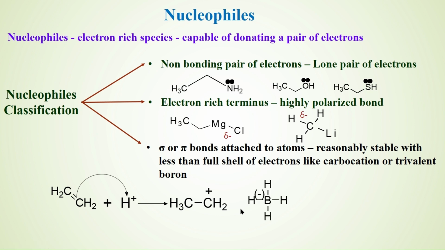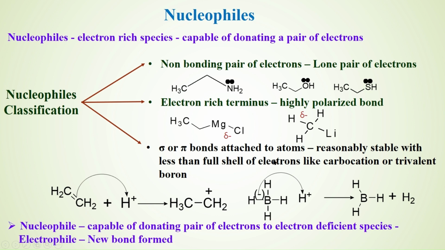Like borane, it combines with H plus. The excess electrons are here, H minus combines with H plus, and it gives rise to BH3. This is having the sigma bond. Here in the alkene, it is having the pi bond. Sigma and pi bonds attached to atoms which are reasonably stable with less than a full shell of electrons, like carbocations or trivalent boron, are nucleophiles.